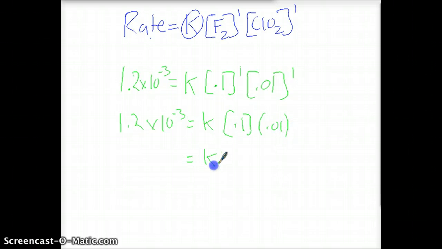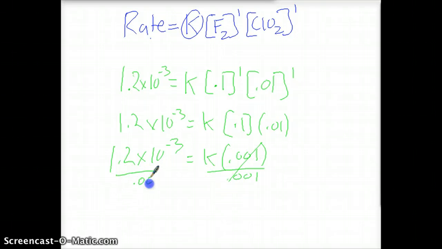So this is going to be equal to 0.001 K. So divide by 0.001 on both sides. What I should get for a final answer is that K is equal to 1.2. So now I've solved for all three things.